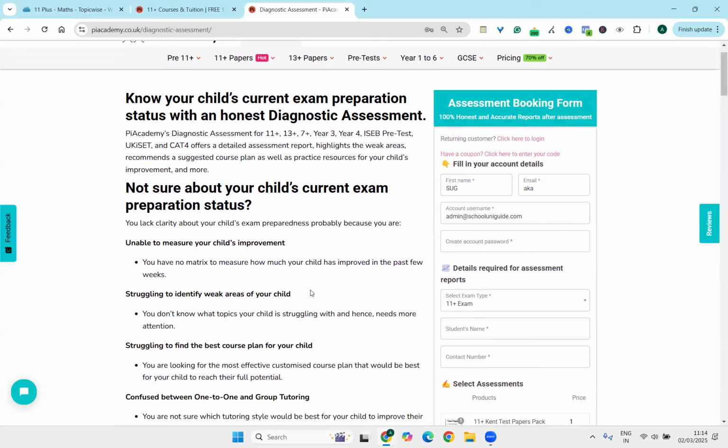This way you would be able to prioritize the weak areas of the child and utilize the time which is left in a much more fruitful manner. Right now, with it being the 2nd of March, it's absolutely not late by any terms, and you can very well go ahead and start preparing now.